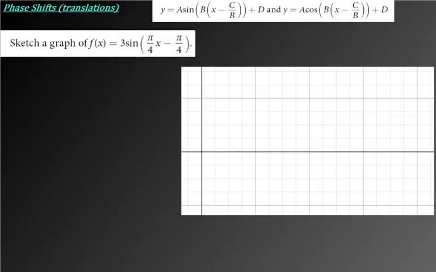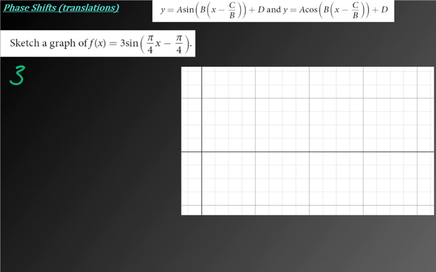All right. I want to do one where we have what I call phase shifts, so translations. They're really no different than anything else we've ever seen. In the most general form, this is what sine and cosine can be. You can have a plus and minus number on the outside, and a plus and minus number on the inside. This one just has one on the inside.